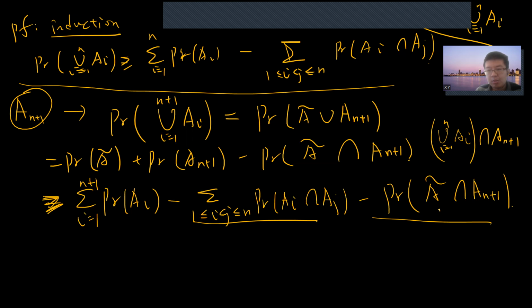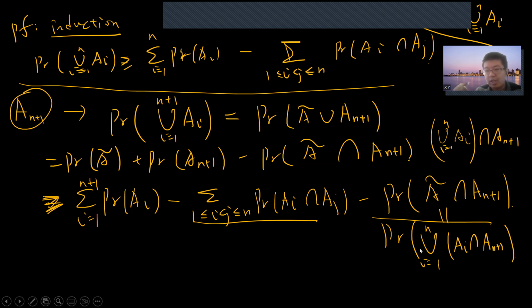This term can be reduced, and we can use the union bound: it is less or equal to the summation of the probability of A_i intersection A_{n+1}.